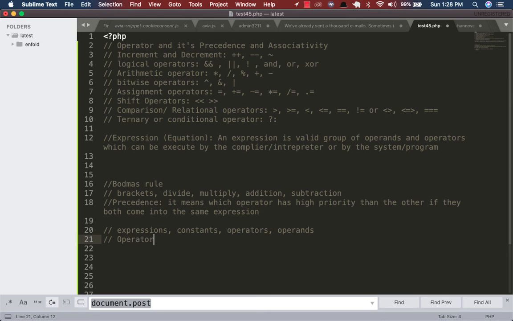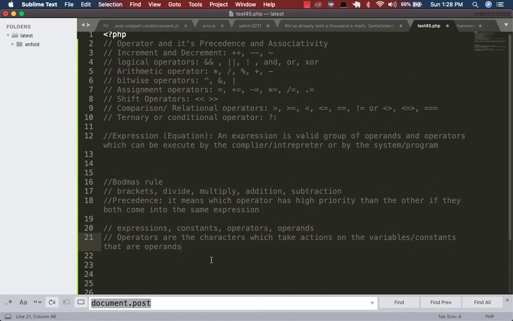So operators are the characters which take action on the operands, or we can say which take actions on the variables or constants that are operands.